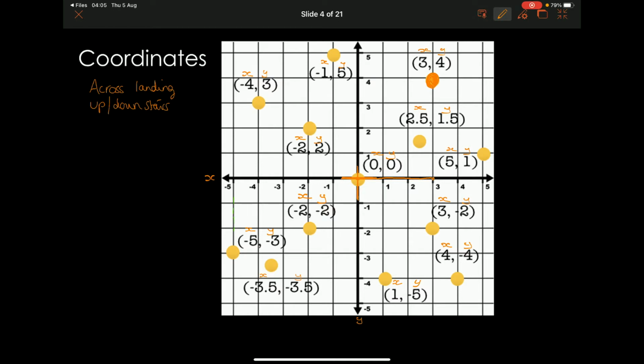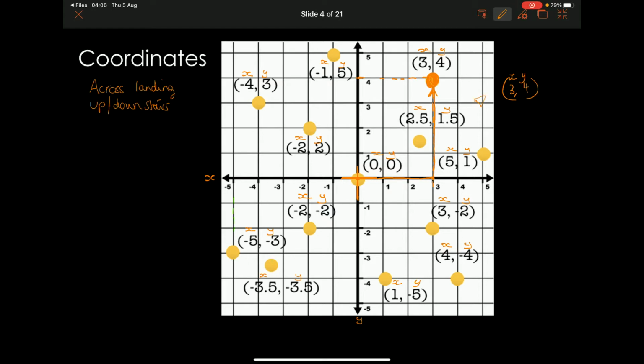This point is sitting at 3, because if we go up to the point, it's actually on 3. So our x coordinate is 3. And then if we go up the stairs, we can see that it's sitting on 4 on the y-axis. So our x coordinate is 3, our y coordinate is 4.